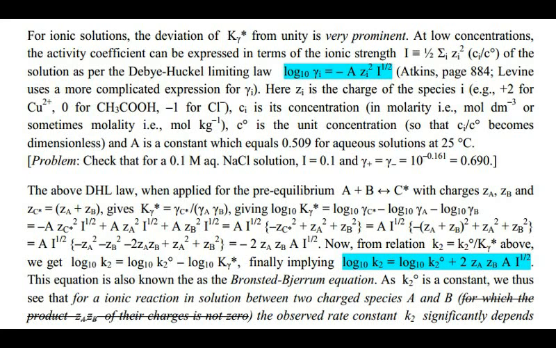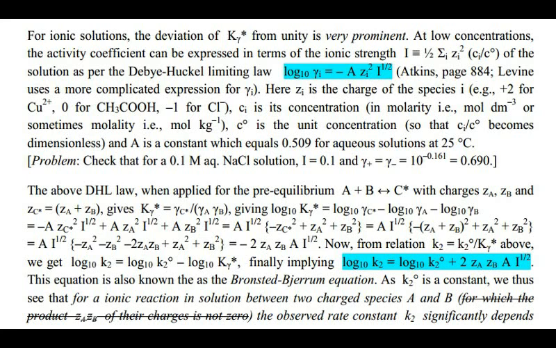relation. This tells us that if we do a reaction between two ions which have very low concentration, if we dissolve these two ions in pure water and perform the reaction at very low concentration, then we get the rate constant K2 naught.